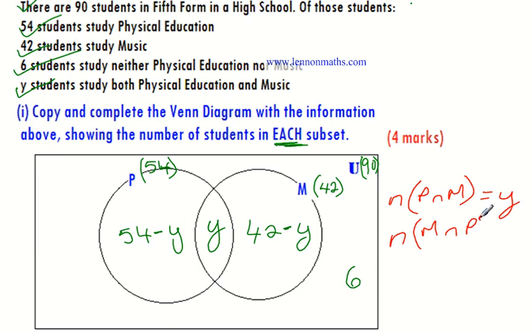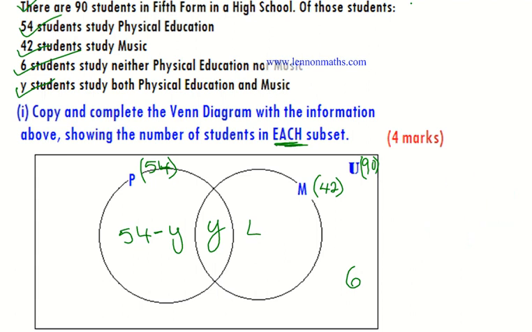So we take out P with this complement sign, and that is 42 minus Y. I think I did this one early on, so you can actually have that. But we don't have to do this. This is just me showing you how to do the set notation. Okay, good stuff. Let's continue.